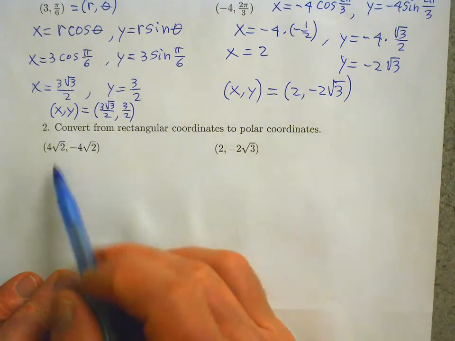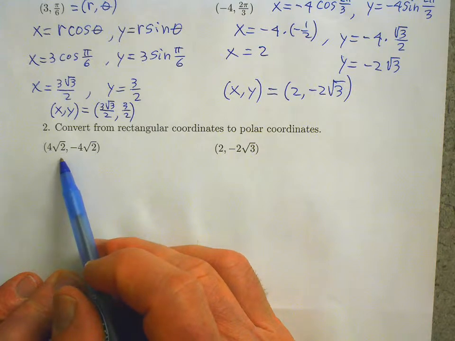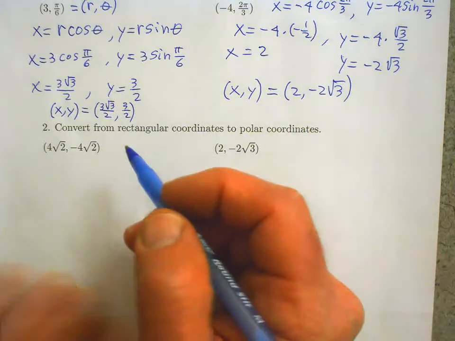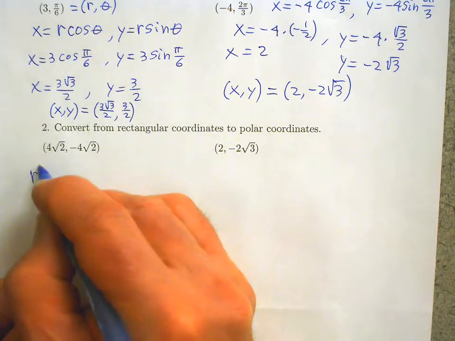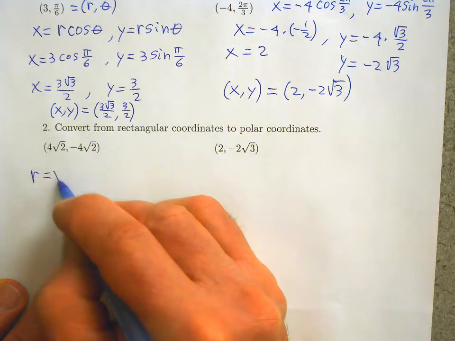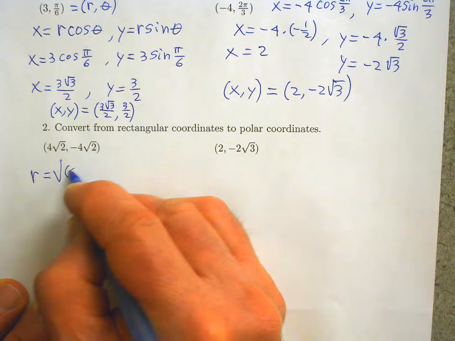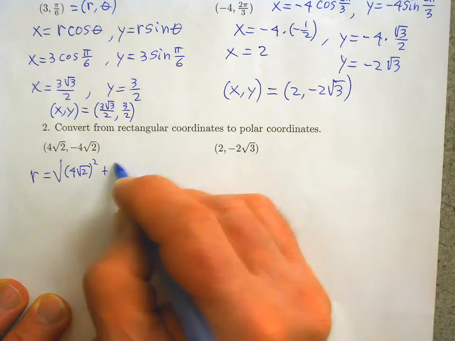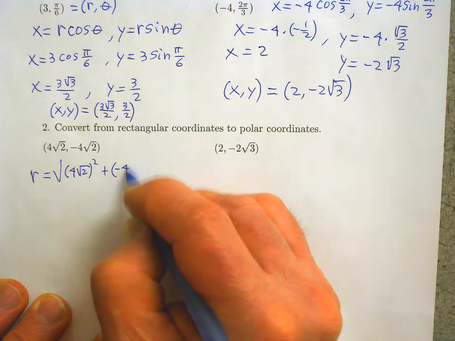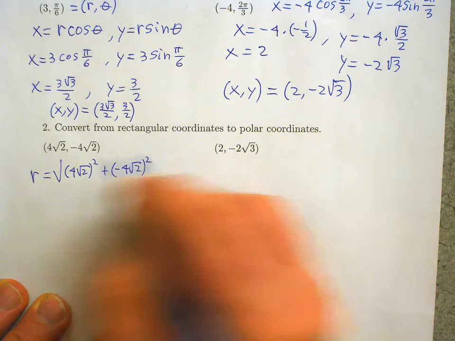Okay, this one is rectangular coordinates. It's in the 4th quadrant. And so r is just going to be the square root of 4 times the square root of 2, quantity squared, plus the number negative 4 times the square root of 2 squared.